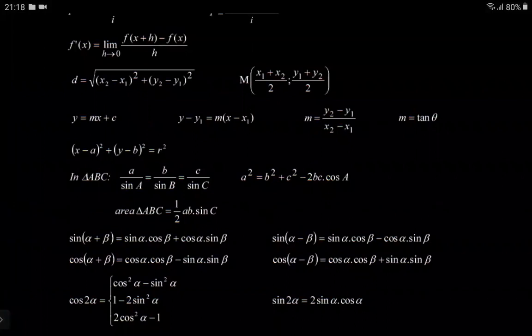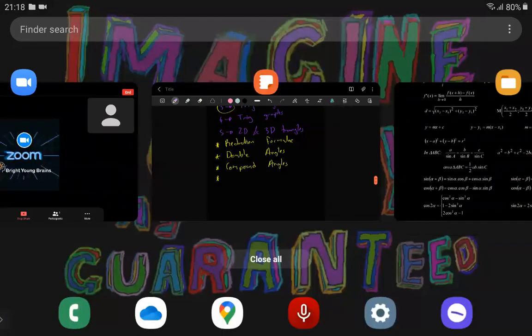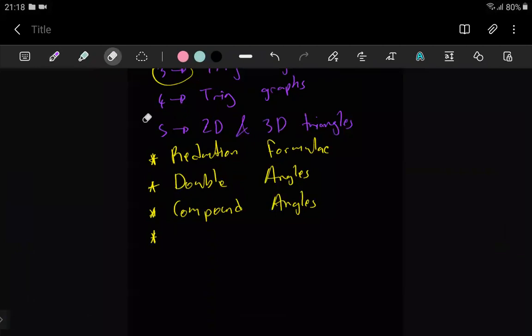So trigonometry is like having a toolbox, and this toolbox has a lot of tools. There's a tool used for this, there's a tool used for that. You just want to know what tools you have and what those tools are used for. That's the idea with trigonometry.